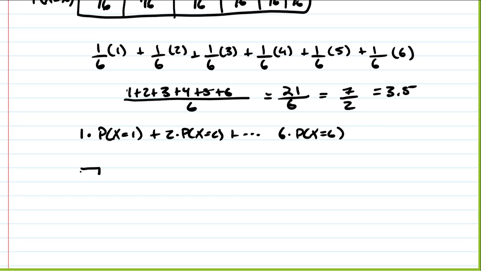Writing this in compact sigma notation, it would be the sum as n goes from 1 to 6 of n times the probability that x equals n.